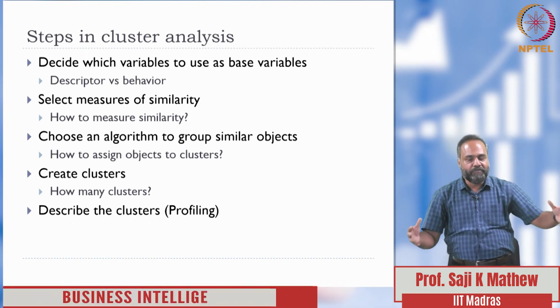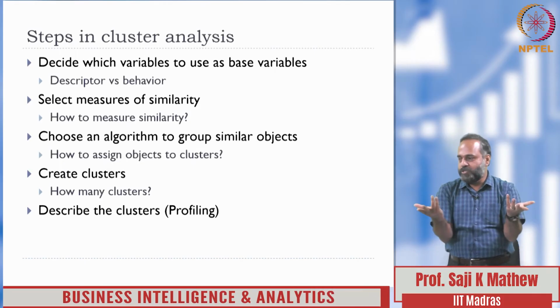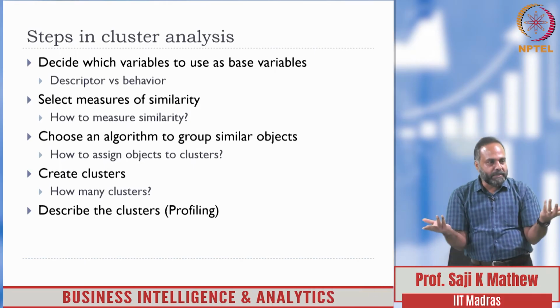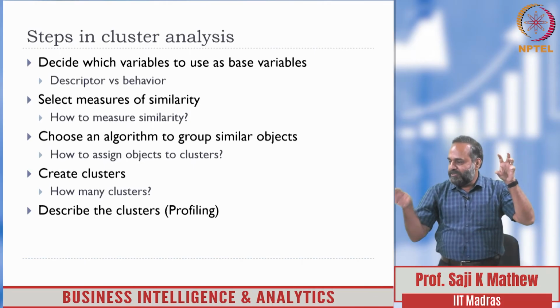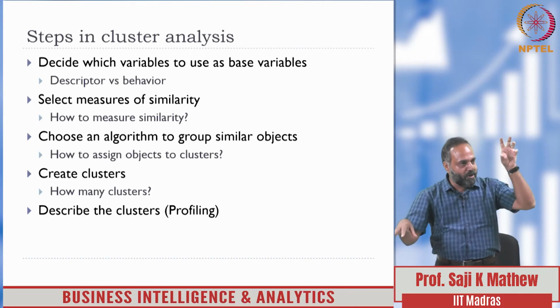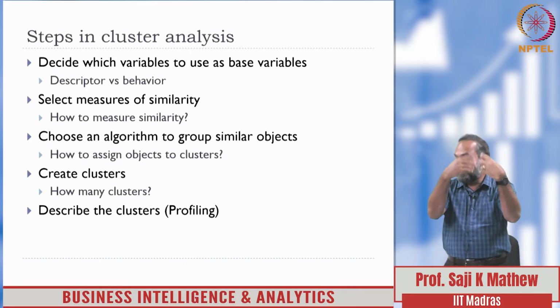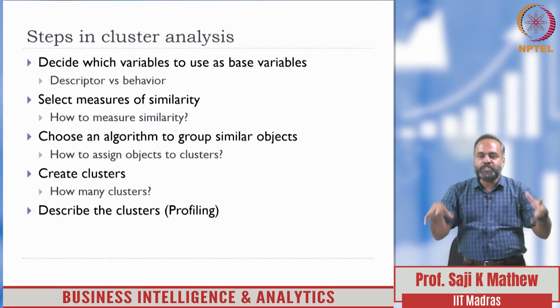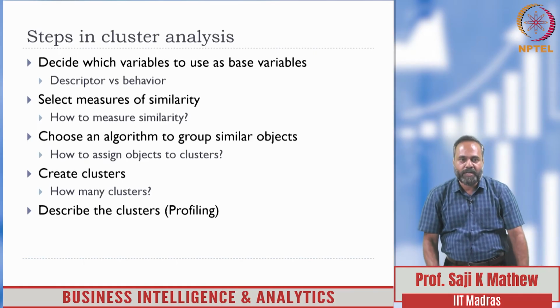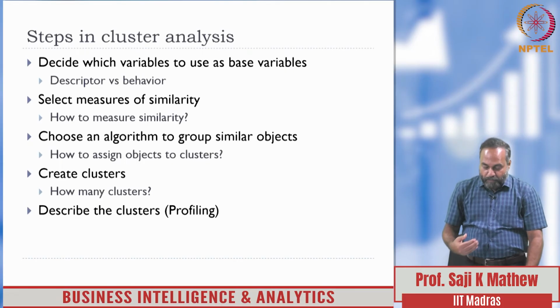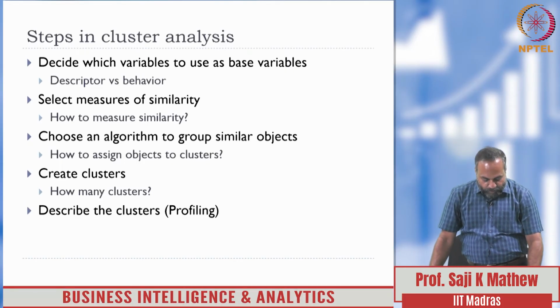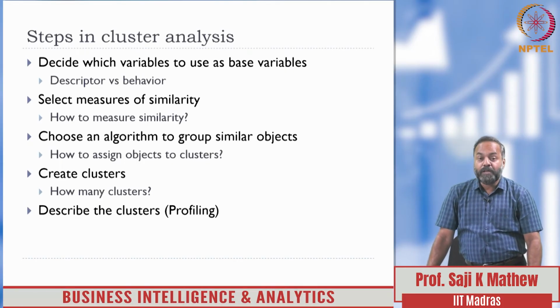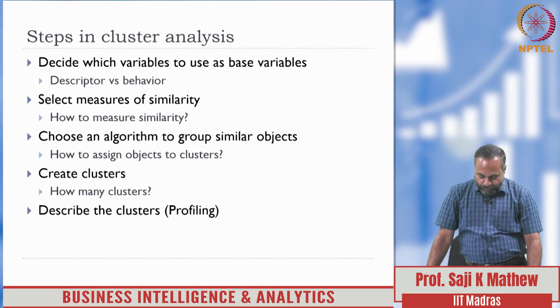Otherwise there is no point in having two groups if they are similar. One should be high scorers, another medium scorers, another highly socially skilled, etc. So each group should have a different characteristic. That is called the profile of the cluster, and you need to profile the cluster. Looking at the profile, it should be useful and interesting.